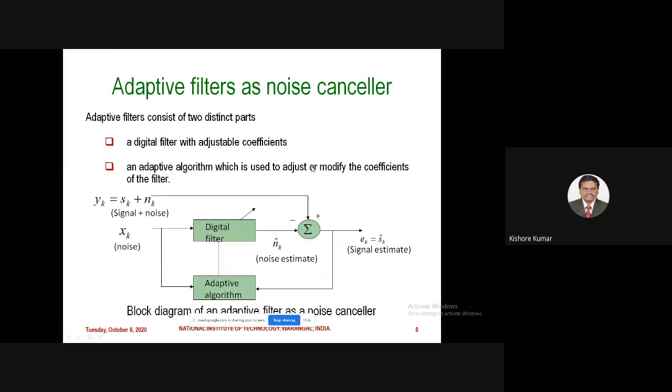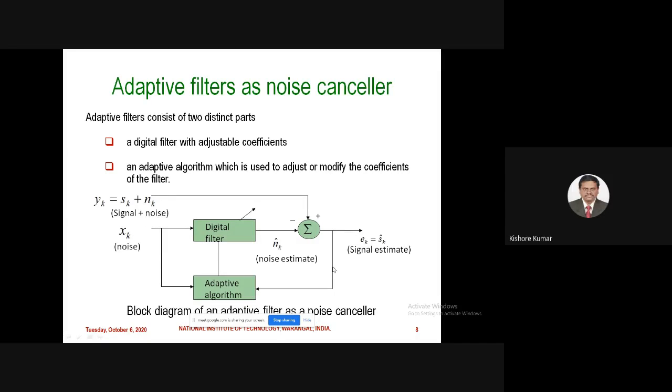The basic advantage of the adaptive filter is that we can use it as a noise canceller. As I said, there are two distinct parts: a digital filter with adjustable coefficients, and an adaptive algorithm used to adjust or modify the coefficients of the filter. Signal plus noise is given, and this is the digital filter with some noise.